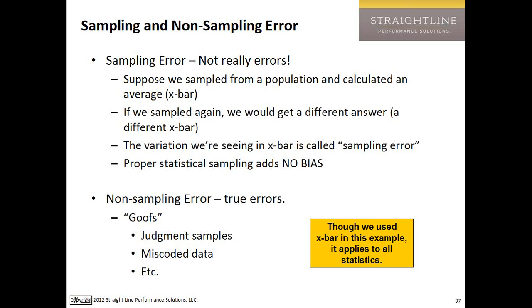What we're really talking about is inherent sampling error, or inherent uncertainty, that is in the sample simply because there are many more members of the population out there, and we acknowledge that there's a chance that we chose an unrepresentative sample, even if we chose it randomly, which is the best way of doing it. Proper statistical sampling, as we say here, adds no bias to our data set. That doesn't mean that it ends up being a completely representative sample, but it's the best shot that we've got.